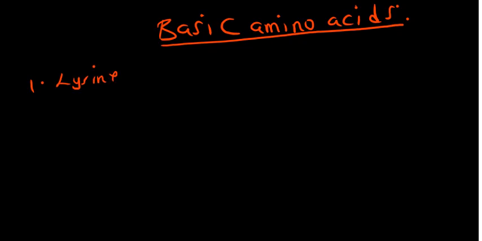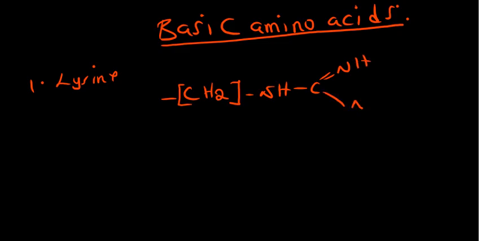So the other group is like this, CH2. Then we have NH. This NH is attached to C. We have NH. We have NH2. So this one is basic because we have these two amino groups. We have the one that is in the usual structure, and this one is found on the other group, hence it is basic.